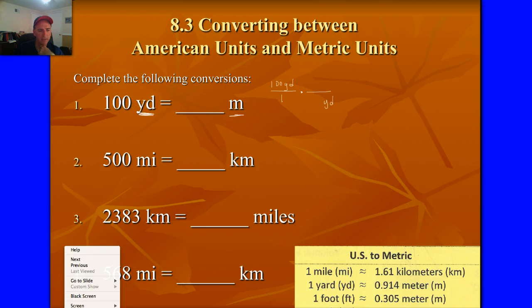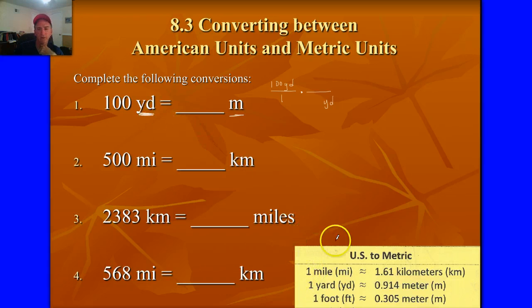Now I'm going to change my pen color again because that's when I realized blue will work better for me. So I can write on the yellow area here. I have yards to meters, and I have that right here. 1 yard is approximately 0.914 meters. So I'm going to put meters here because we're going to assume those are the same value.